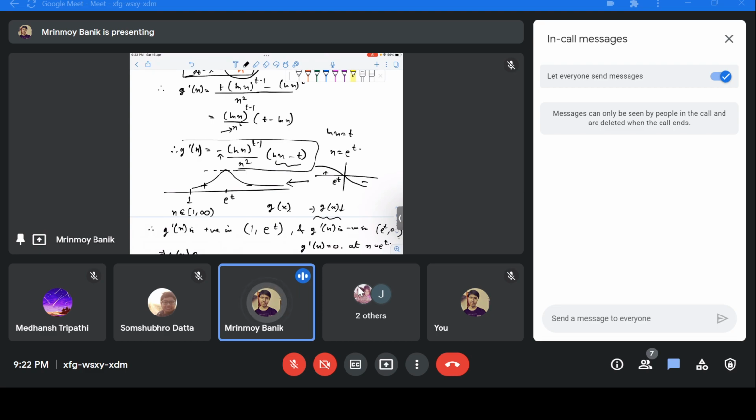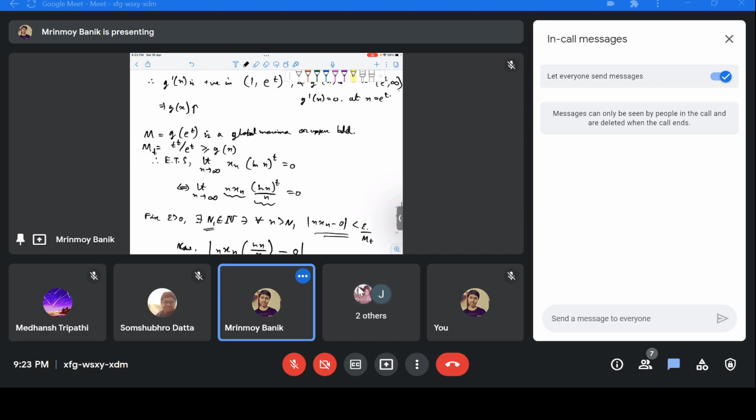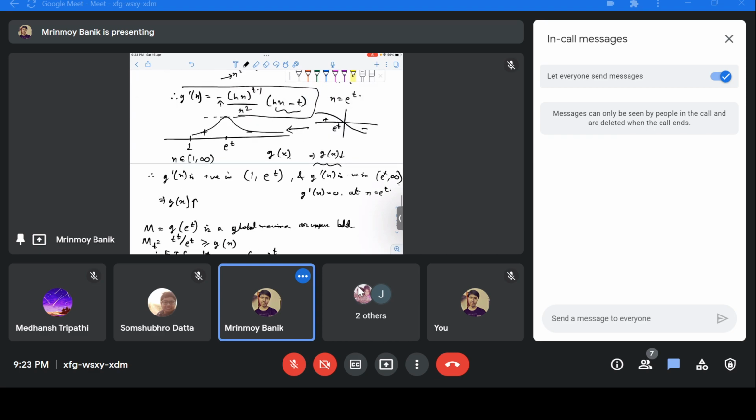That makes e power t a global maxima. So in other words, we can bound g(x) by anything more than g of e power t. Is it clear now?